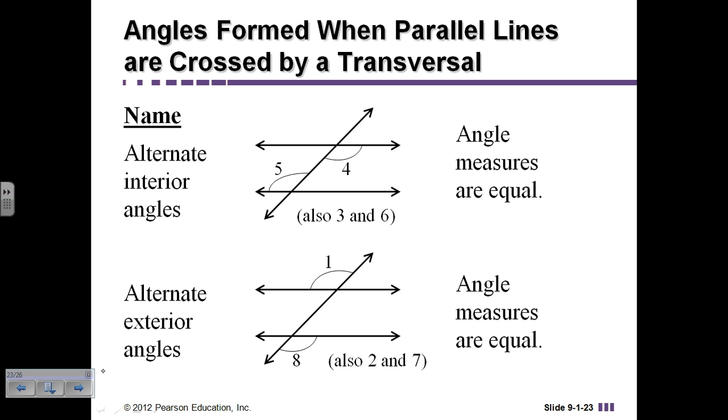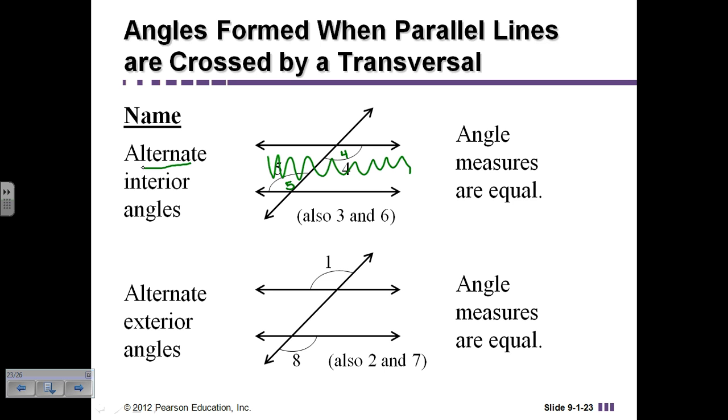So the first one that we have here are alternate interior angles. So remember what I told you just now about the interior and the exterior. So this angle 4, they're just calling this angle 4, and this angle 5 are both on the inside of the shape. They are on alternating sides.